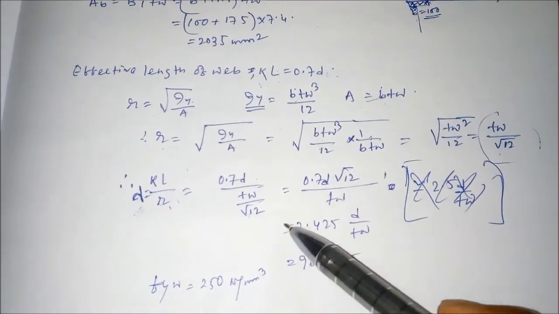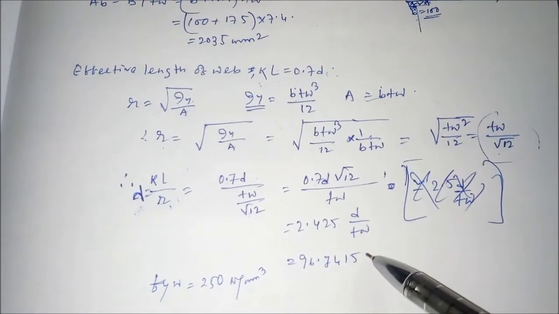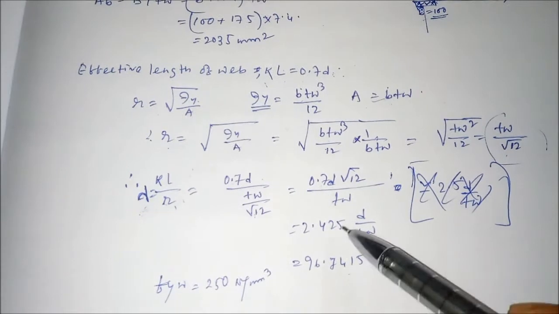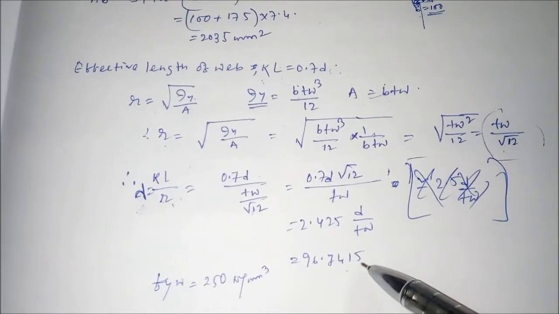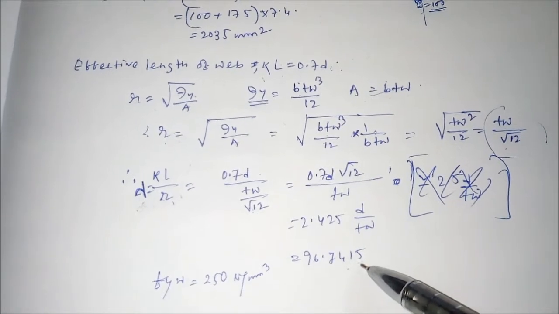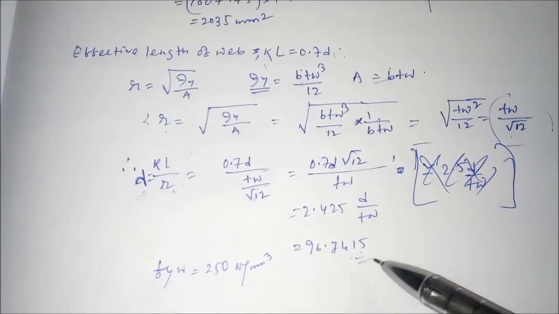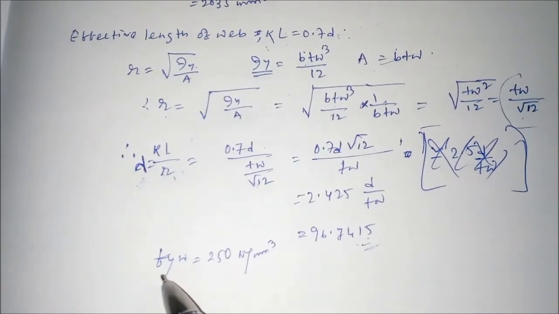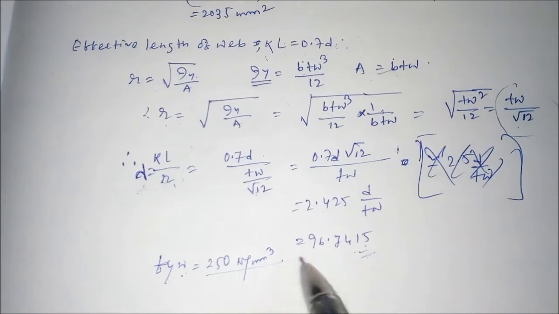After simplifying, this will be 2.425 D divided by TW. So if you put all the values D and TW, you will get this value, that is 96.7415, and Fy of the web is known, that is 250.